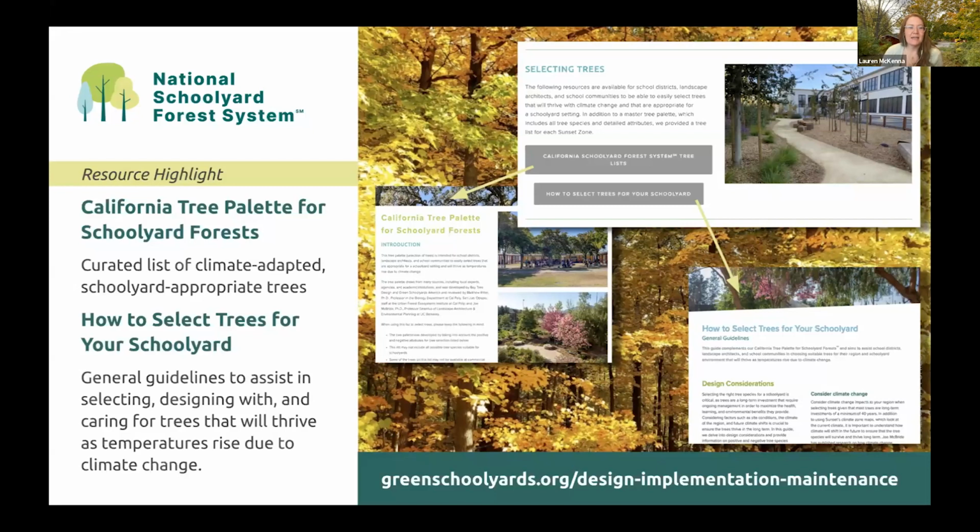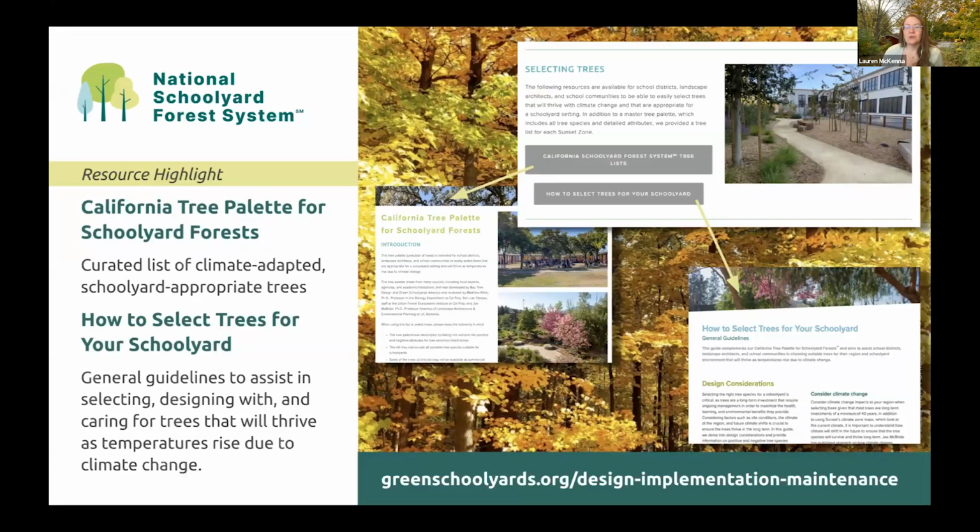I'd like to just highlight two resources in our library: the California Tree Palette for Schoolyard Forests, which we will share in much more detail today, is intended for school districts, landscape architects, and school communities to easily select trees that are appropriate for a schoolyard forest setting and will thrive as temperatures rise due to climate change.